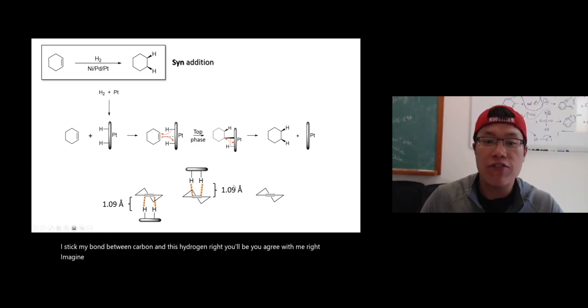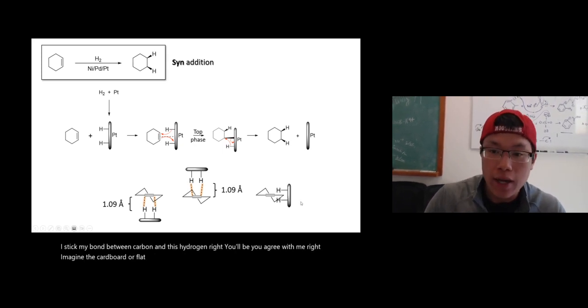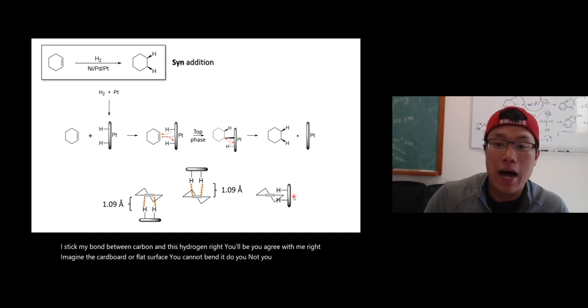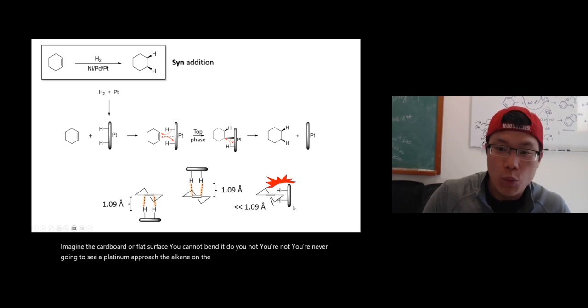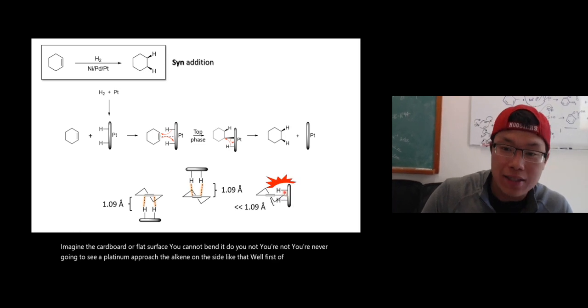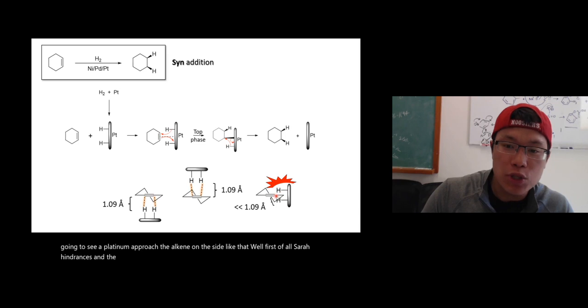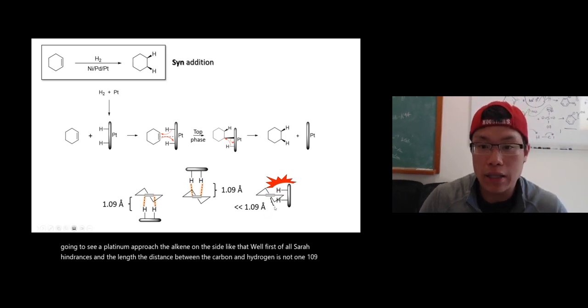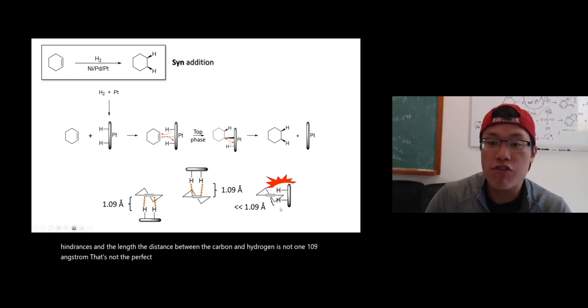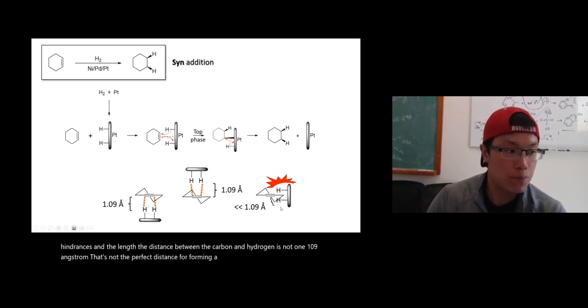Imagine a cardboard or a flat surface. You cannot bend it. You're never going to see platinum approach the alkene on the side like that. First of all, steric hindrance, and the distance between the carbon and hydrogen is not 1.09 angstrom. That's not the perfect distance for forming a carbon-hydrogen bond.